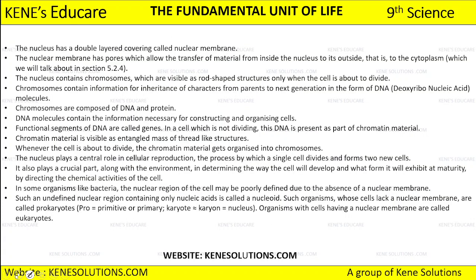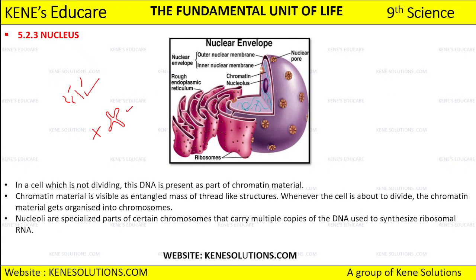Okay, so see, now the nucleus has a double layered covering, and that double layer covering of the nucleus, we call it a nuclear membrane. क्या बोलेंगे हम उसको? Nuclear membrane. And if you can see, the nuclear membrane here has some nuclear pores. Can you see? These are the nuclear pores present in the nuclear membrane, right?